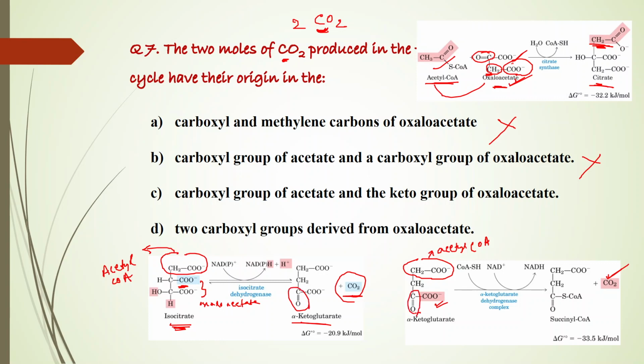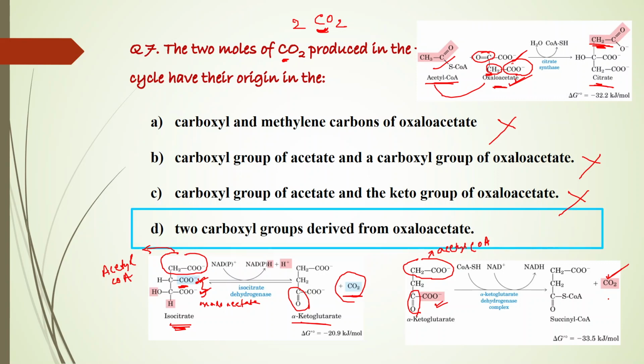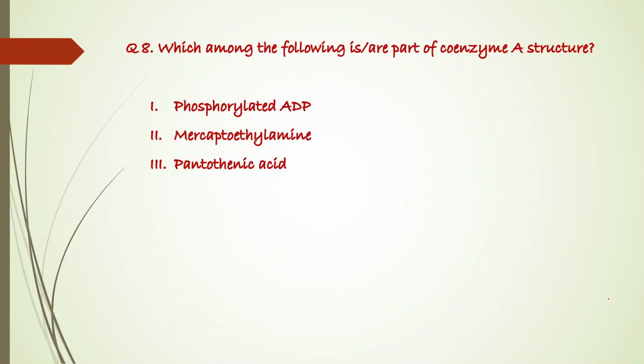This has not been converted to CO2. So again, this is a wrong statement. And the final one is two carboxyl groups derived from oxaloacetate. Absolutely, we can see these two carboxyl groups are actually being converted to CO2. So the fourth option was our correct option. Fine. So let us move to the next one.